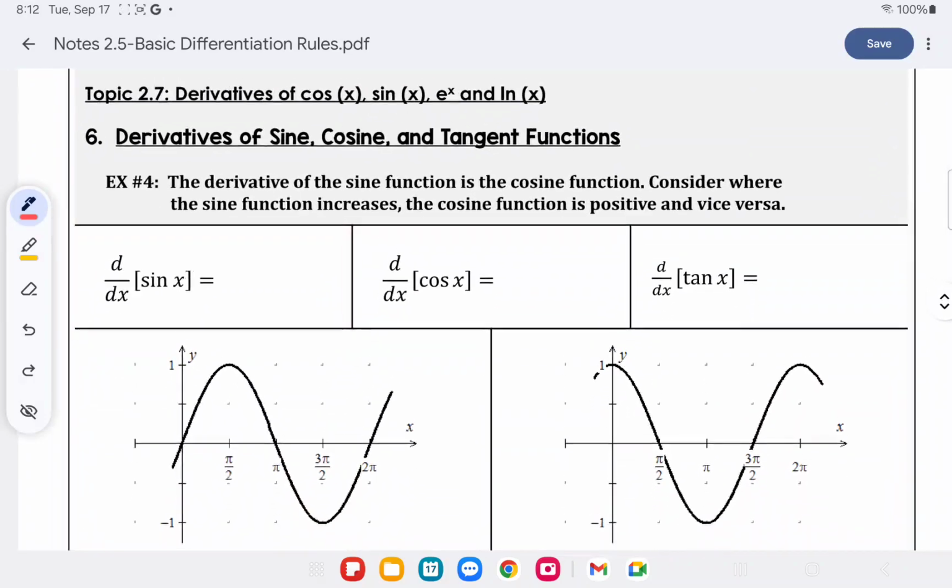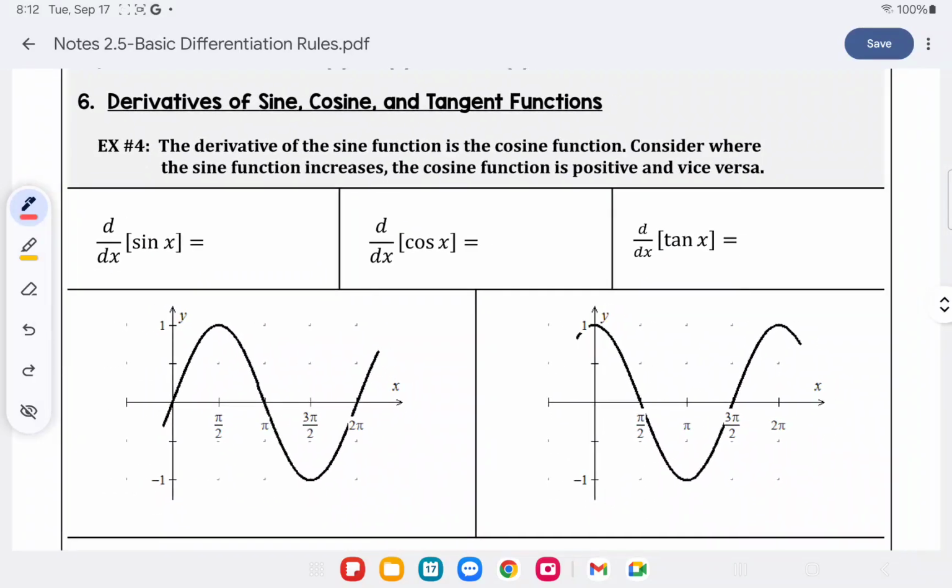The next thing we have is the derivatives of the sine, cosine, and tangent functions. What they want you to look at first is noticing these graphs. So this is the sine graph. This is the graph of cosine.